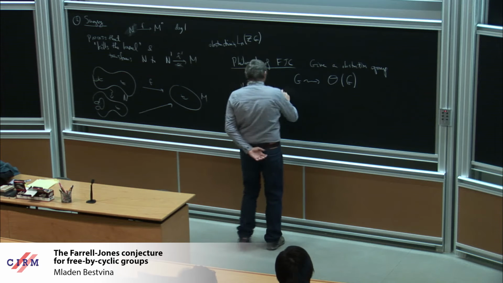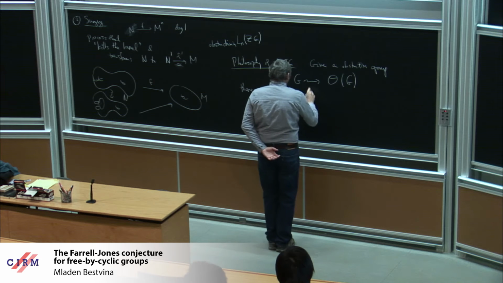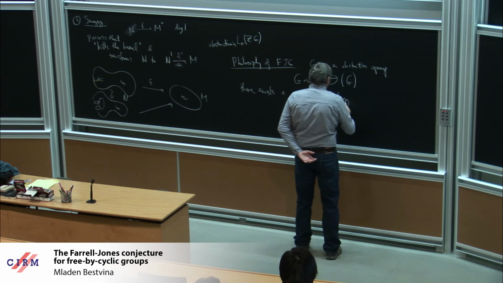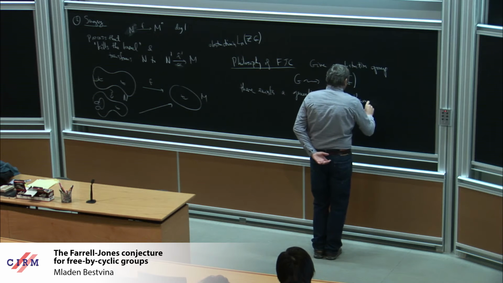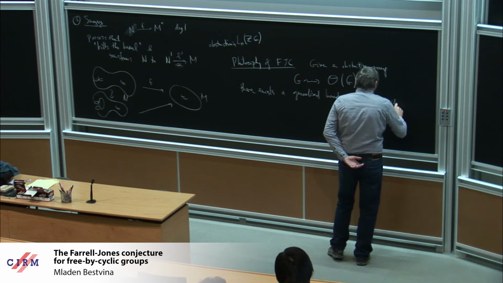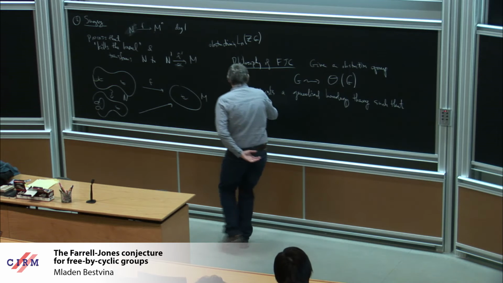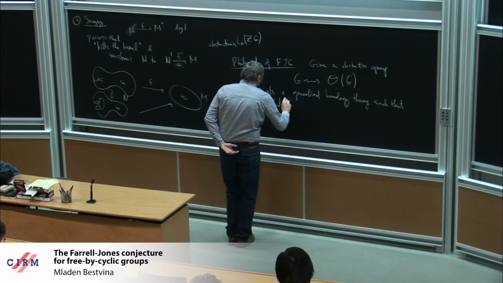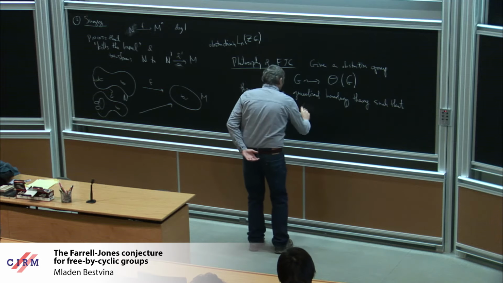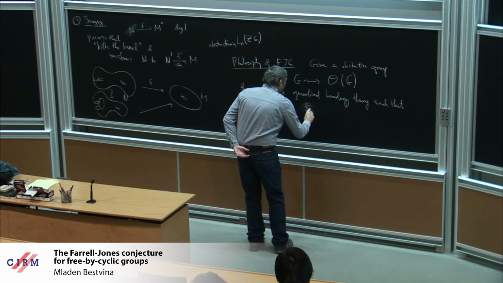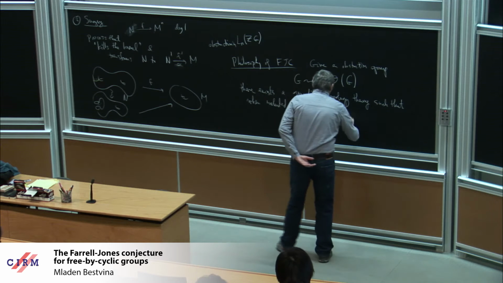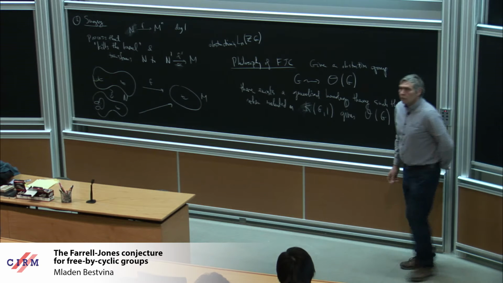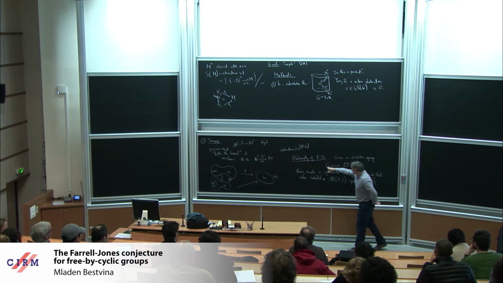Okay, so there exists a generalized homology theory such that when evaluated on KG1 gives O of G. So these obstruction groups are defined only on groups.